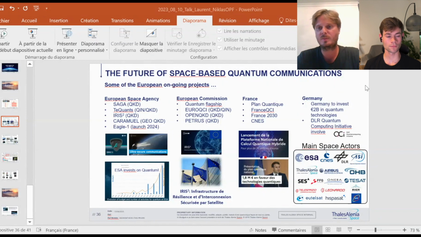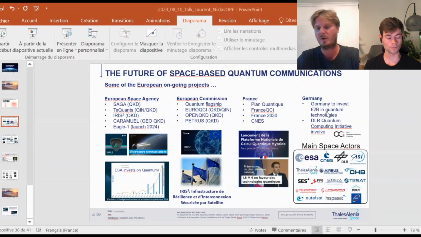In Germany there is also investment, 2 billion in quantum technology, and the Space Agency, the DLR, is also very active on space-based quantum information projects.